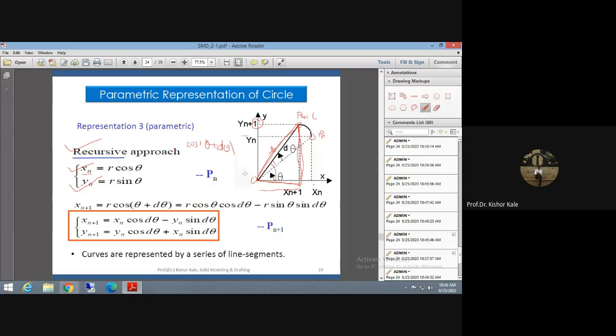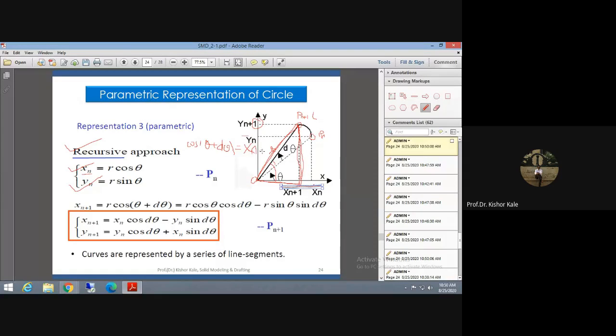Is it clear? For this particular triangle that I have shaded, the angle is now not theta, because actually the angle is theta plus d theta, correct? Cos of theta plus d theta will be equal to how much? Can you say this is xn plus 1 upon r?